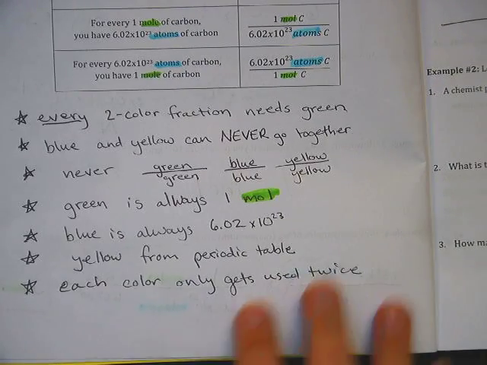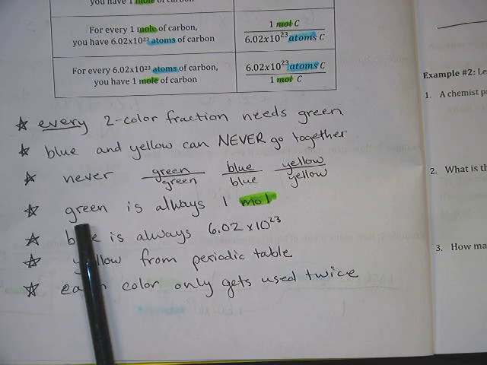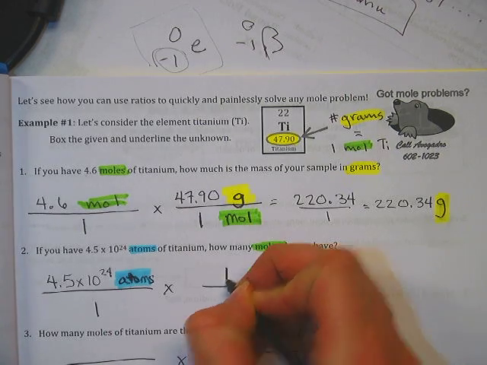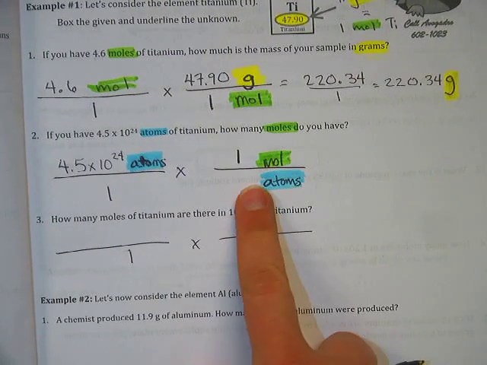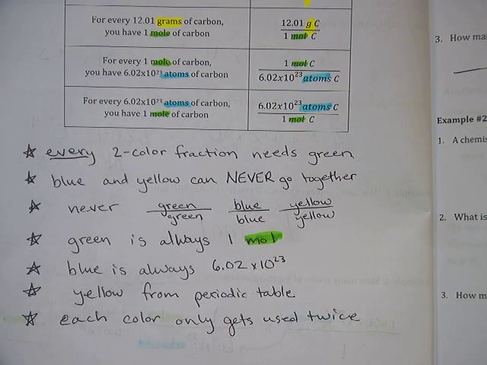So we go look at our little star section. What number is supposed to go with green? Green is always 1 mole. And what number is supposed to go with atoms? Blue is always 6.02 times 10 to the 23rd.